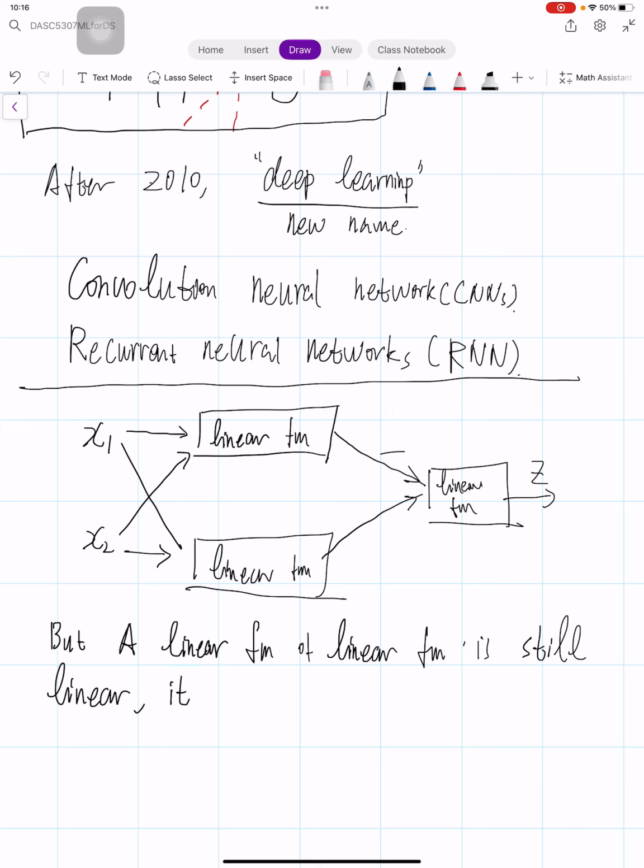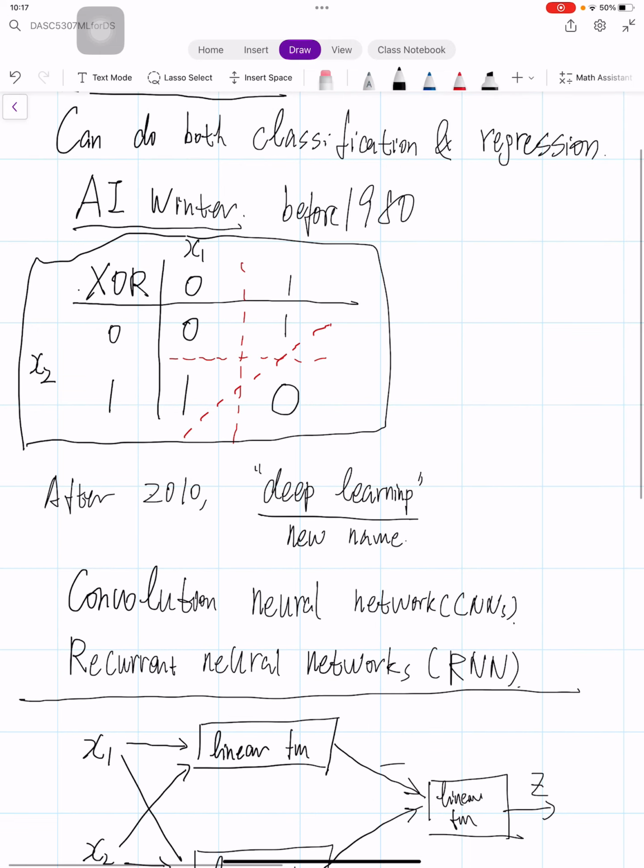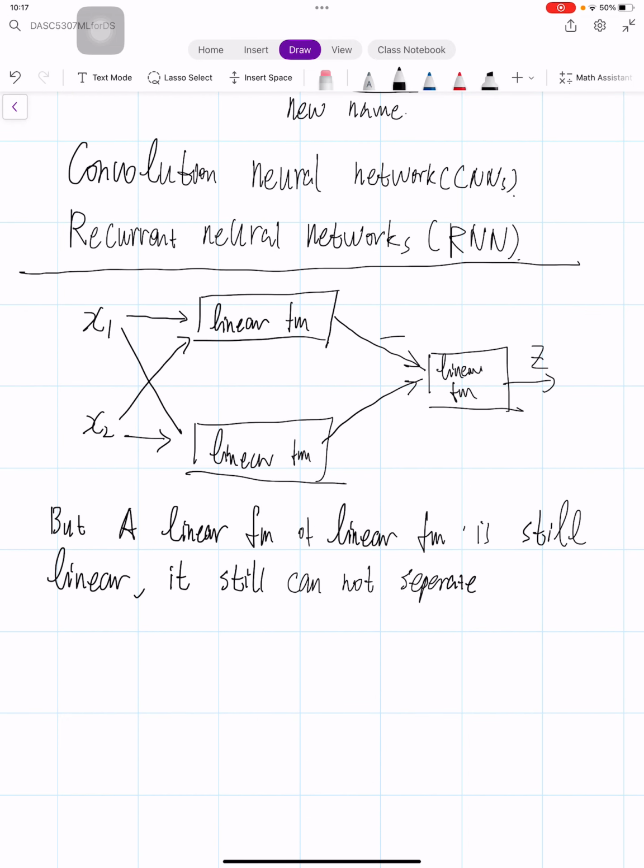It cannot separate a case like this one, like 0, 1, 0, 1, 1, 0.